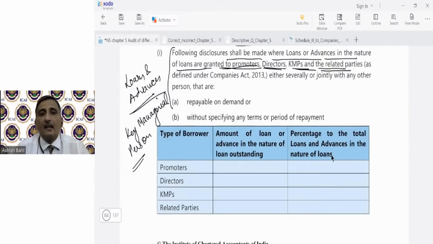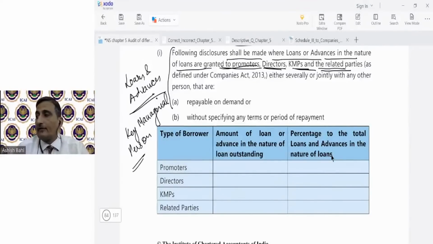Abhijit, you are writing correctly, key managerial person, but who is a key managerial person? Yes, yes, many of you are writing correctly.